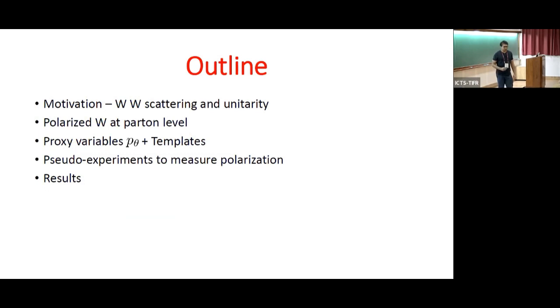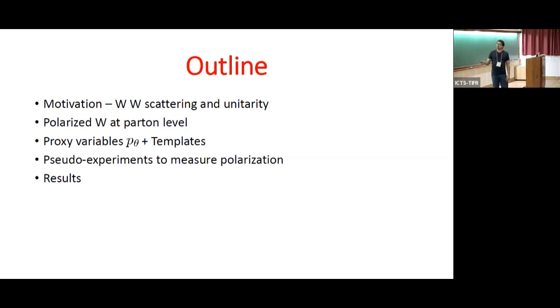Let me start with some very basic motivation for why we want to measure W boson polarization. I'll try to convince you that it's in fact one of the most important measurements that the LHC will make. The second thing I'll do is talk about how we'll measure the polarization of W bosons, first at the parton level, to understand how you'd infer the polarization of the W if you knew everything about its parton level decays.